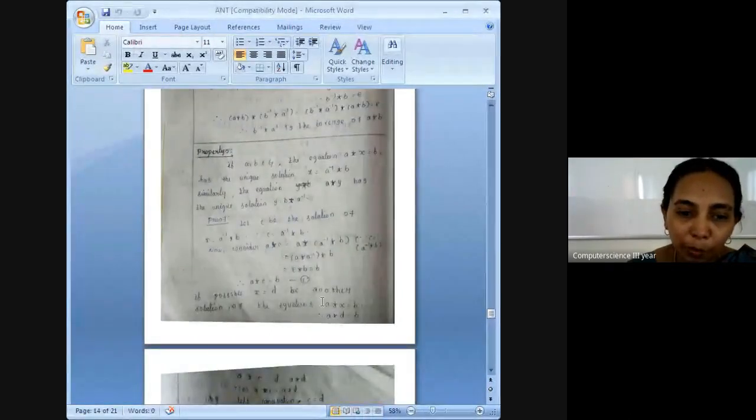A star C is equal to B. Again, if possible, another solution: we take D as another solution.